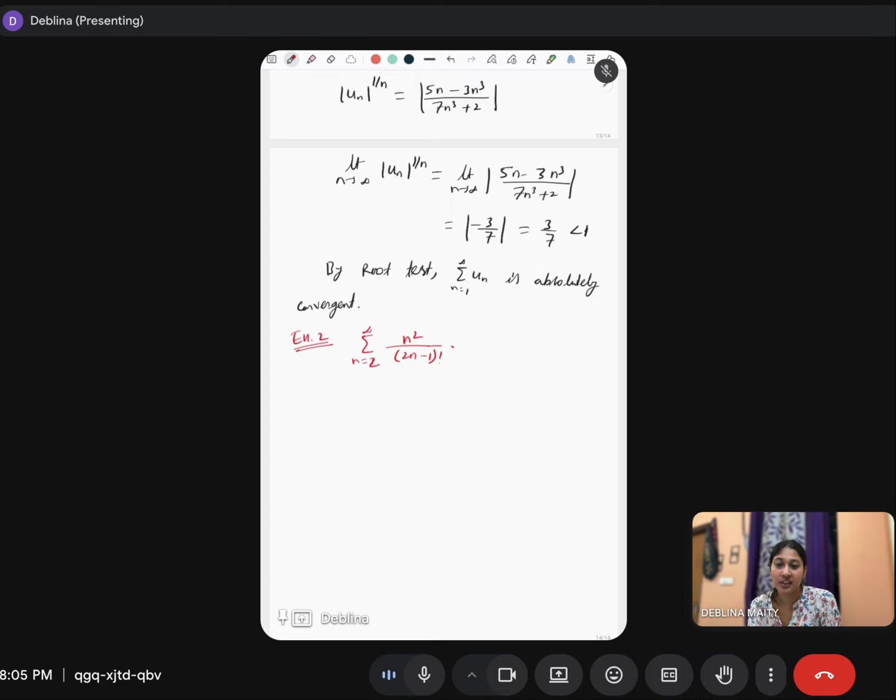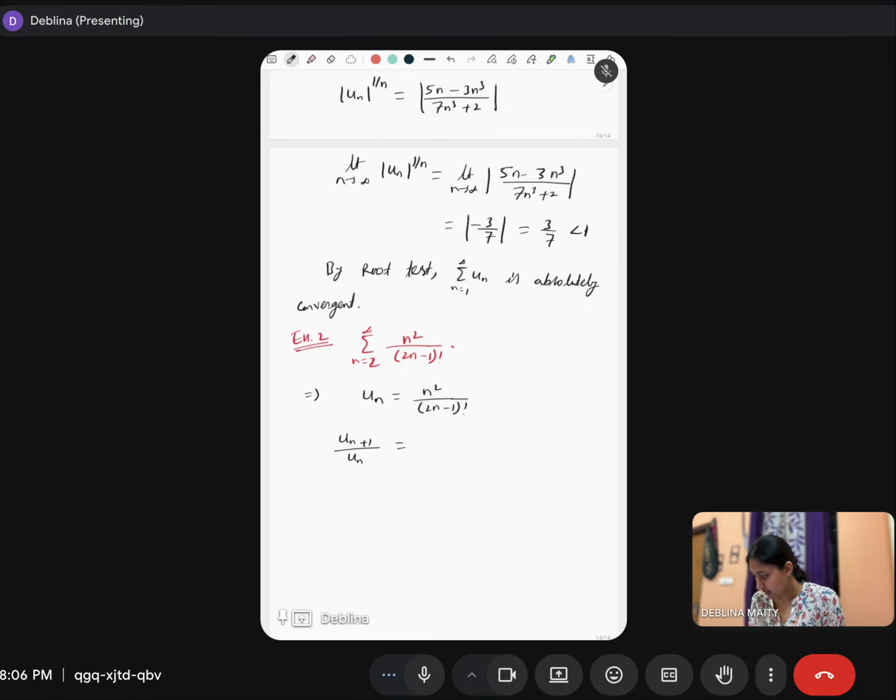Check if it is absolutely convergent or not, right? So un, the sequence is n square by (2n minus 1) factorial. Now for this example, we'll use the ratio test. So what is un plus 1 by un?